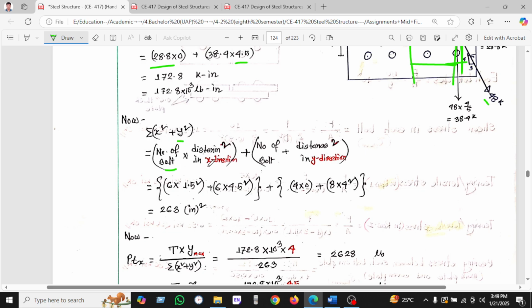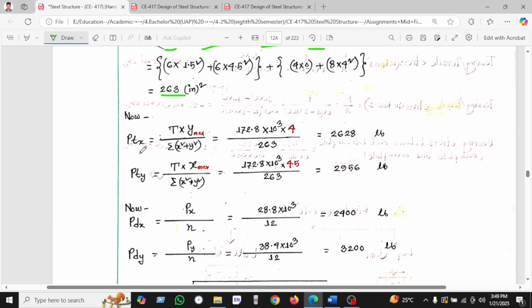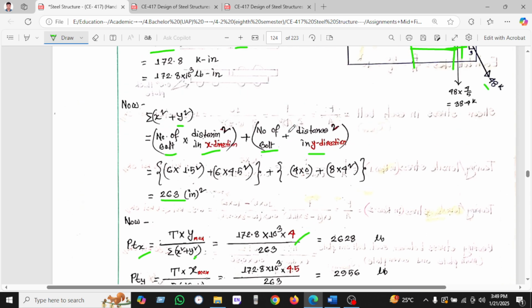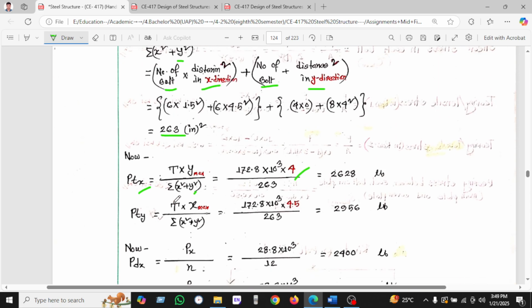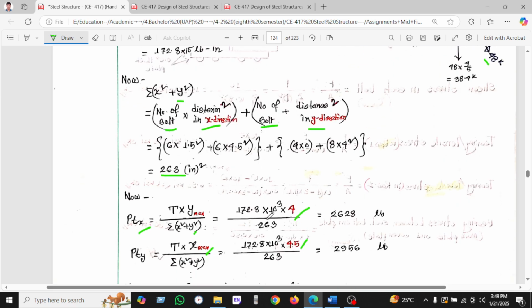We know the number of bolts, and this is x squared and this is y squared, and in this way I found 263. And PTx is T times the summation of ymax. Ymax is 4, the maximum distance, and for Py, xmax is also the maximum distance, 3 plus 1.5, which is 4.5.